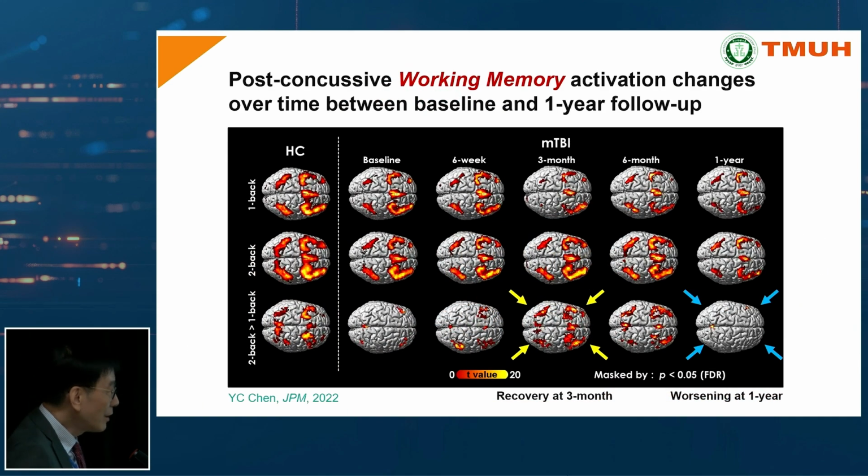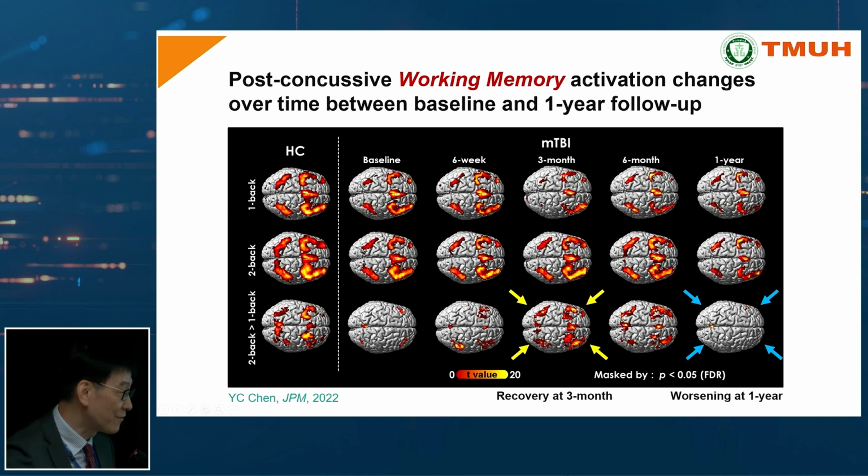This is our research, where we followed patients post-concussion for 1 year. As you can see here on the patient side, this is the N-back task. The patient's working memory declined at the beginning, then gradually recovered at 3 months, then fluctuated and decreased at 12 months.